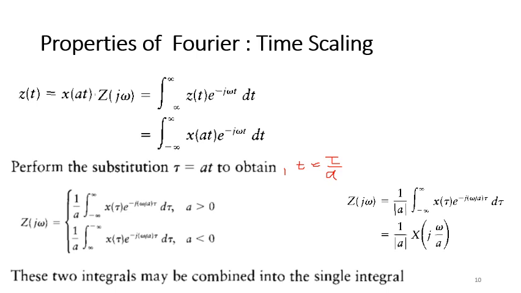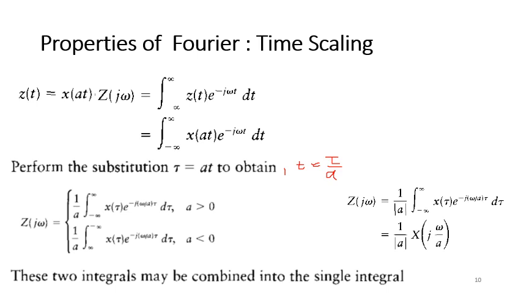Instead of x of at we have x of tau now, and then we have e power minus j omega, and because here we had t, t is replaced with tau by a, so we just write minus j omega by a tau.